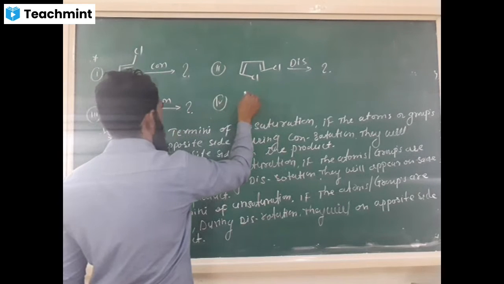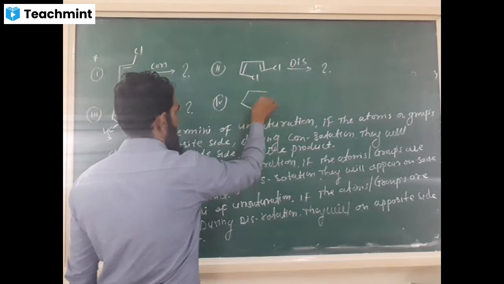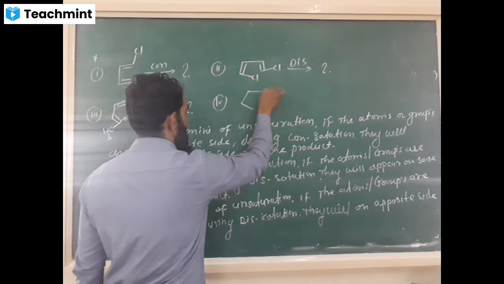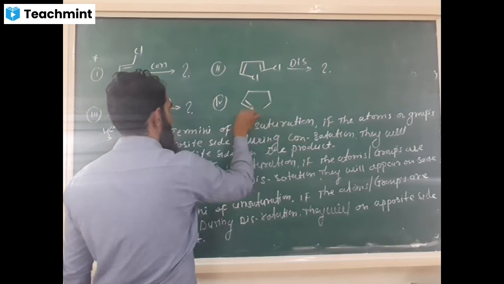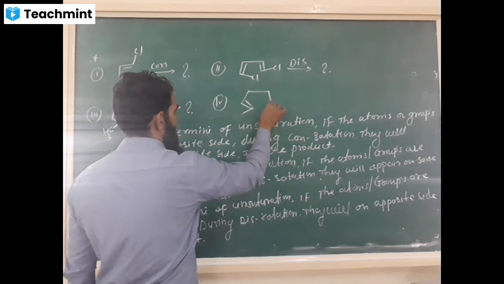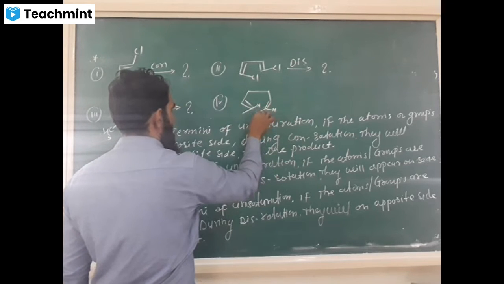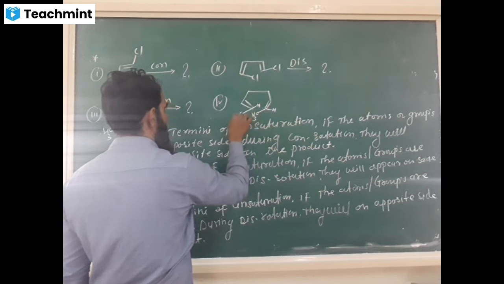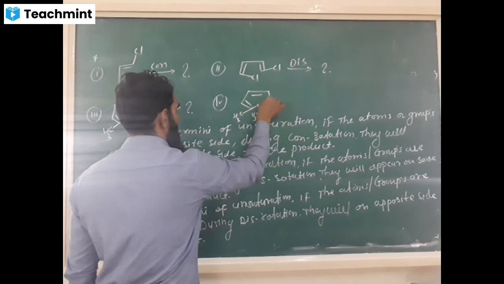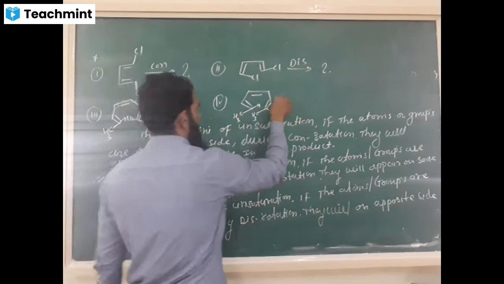Whatever the possible product. Double bond, CH3. Here double bond, CH3, this is H, this is H. This is CH3, this one is CH3. Double bond, single bond, double bond. Disrotation.